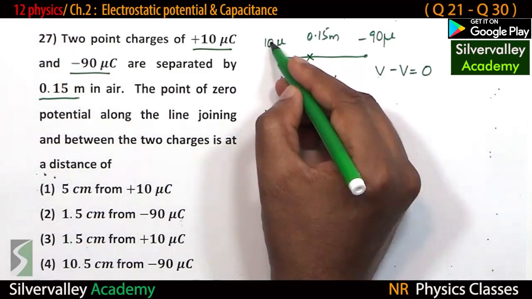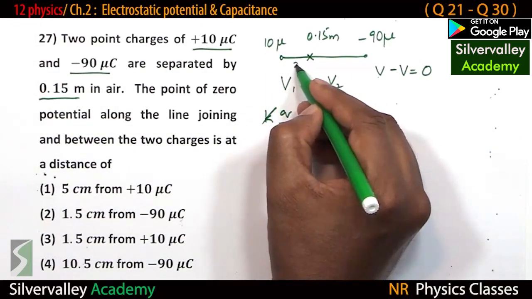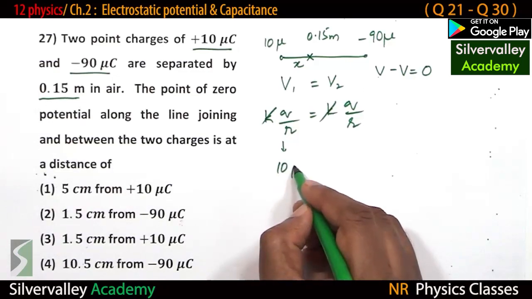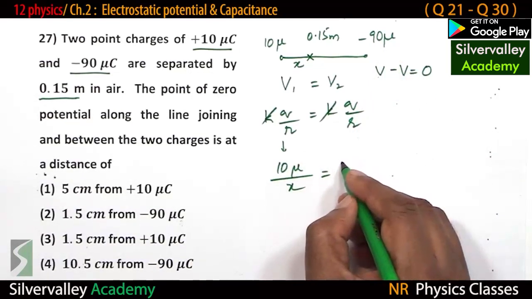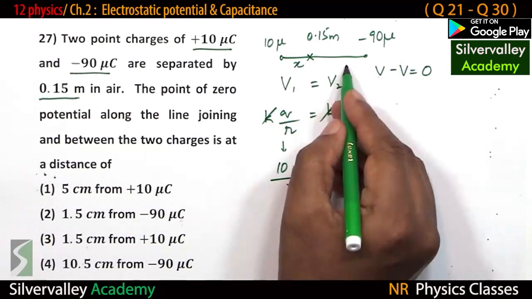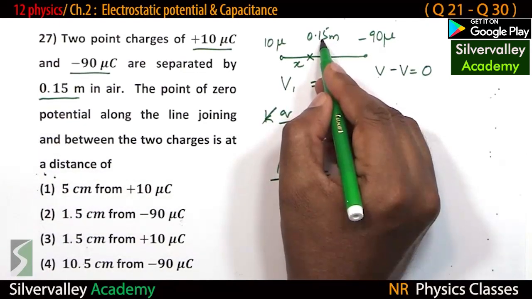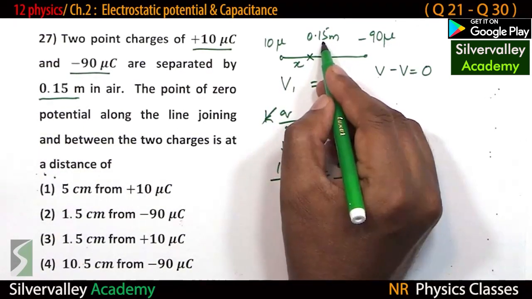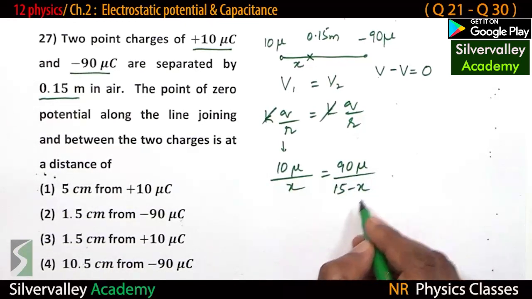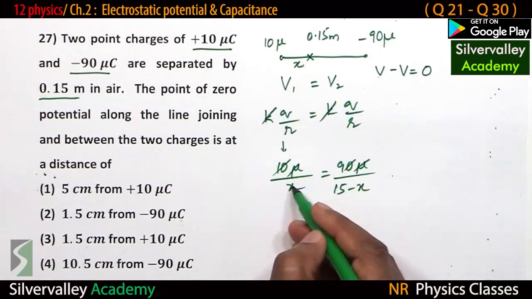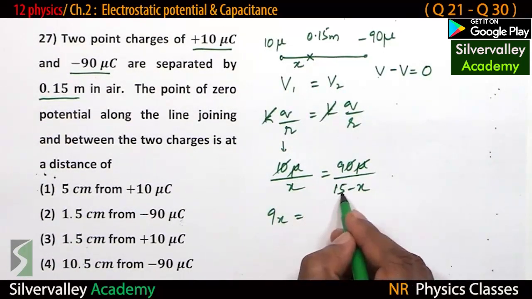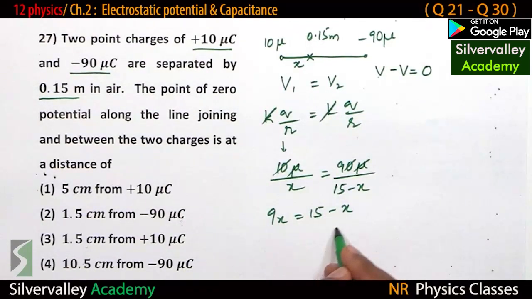Charge by distance. Let this distance be x. So it is 10 micro by x equal to 90 micro, magnitude is 90 micro, by this is 15 centimeter, isn't it? 15 centimeter minus x. 9x equal to 15 minus x. 10x equal to 15, x equal to 15 by 10.